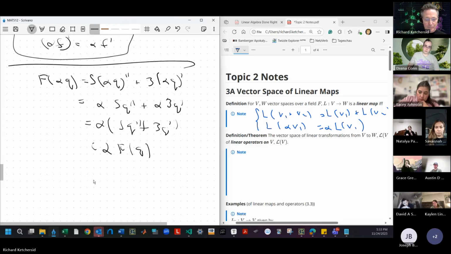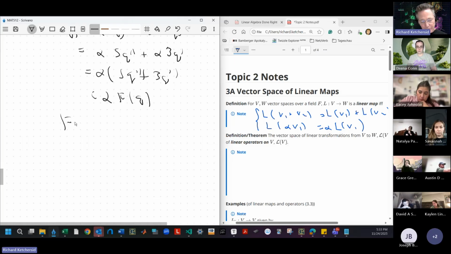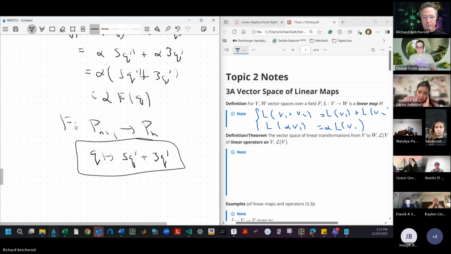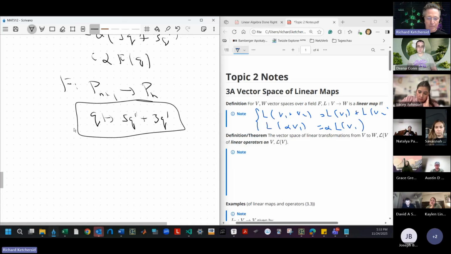So that function f going from the n plus 1 degree polynomials to the n degree polynomials, I'm going to leave off the f there, say it's just the reals, and remember the function is just taking q and mapping it to 5q double prime plus 3q prime. It's linear.